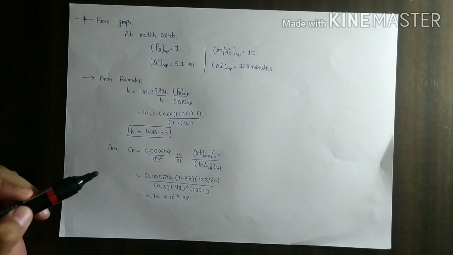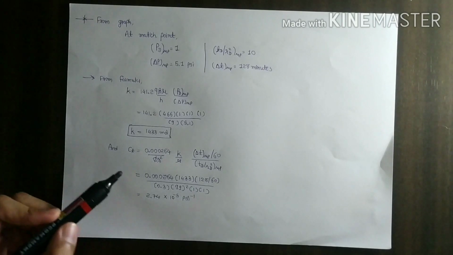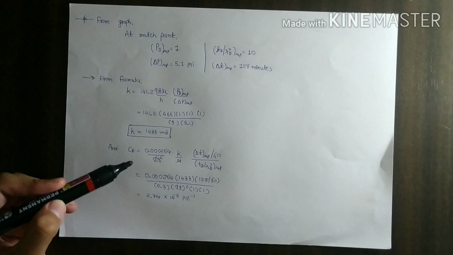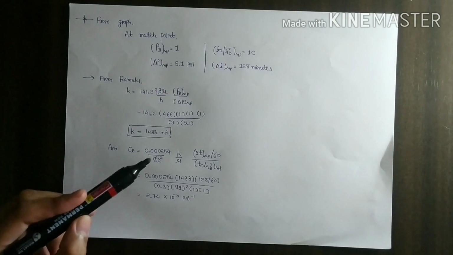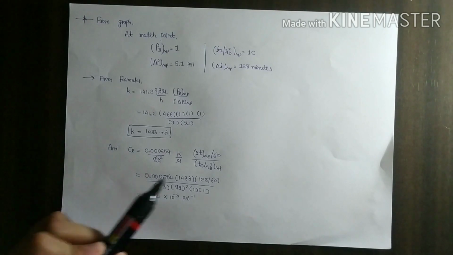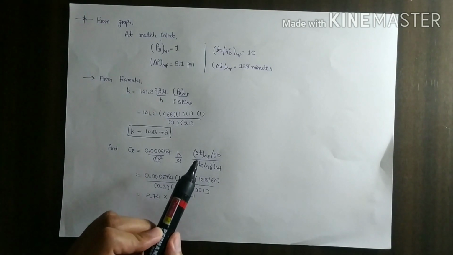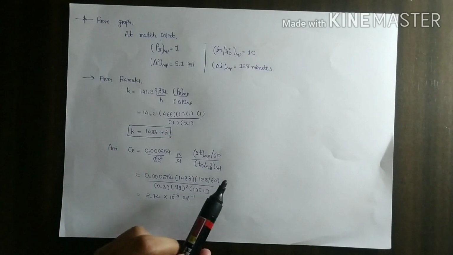Now to calculate total compressibility, we have an equation. Total compressibility is equal to 0.000264 upon φ r square into k by μ into the value of delta t upon 60 into tD upon rD square at the match point.